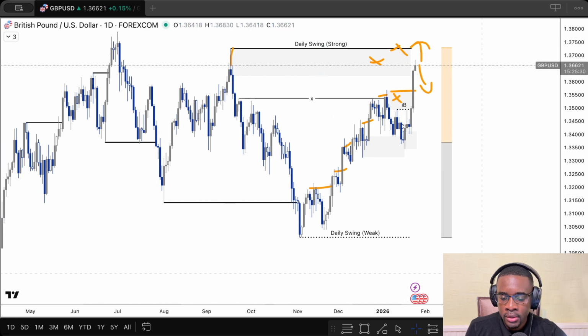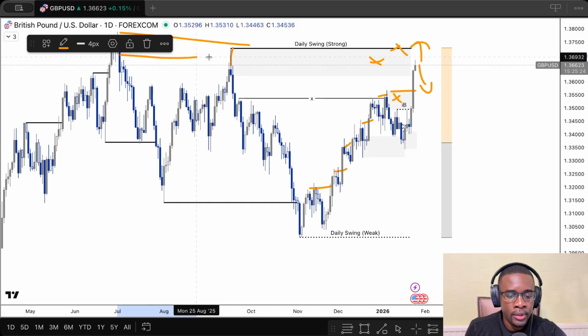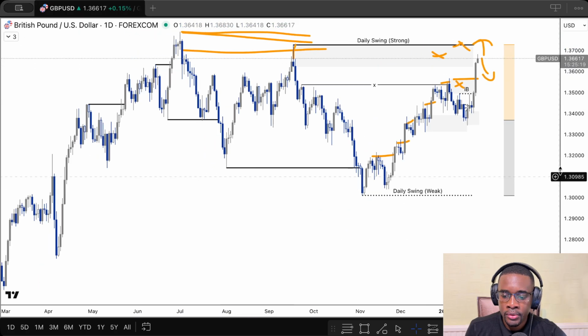It is also a reaction to this POI, a reaction to that POI right there.